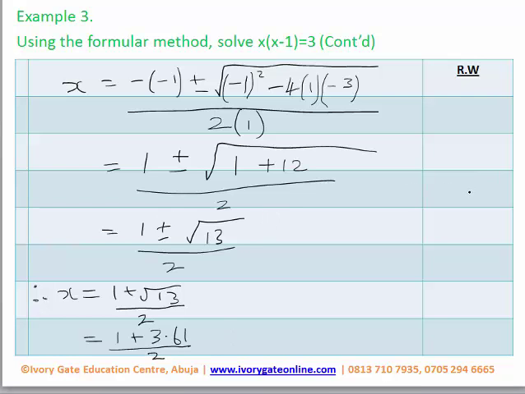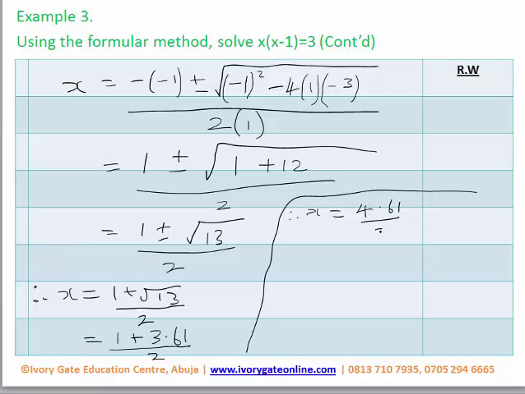Let's pull another working space here. Therefore, x is equal to 1 plus that is 4.61 all over 2.